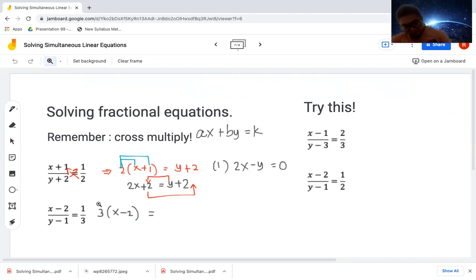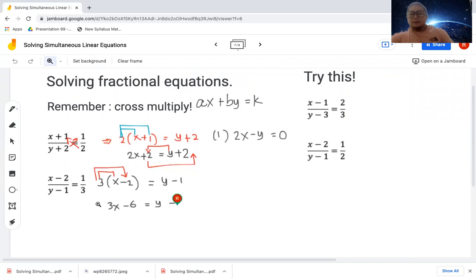So instead of multiplying it by that 1, all you need to do is to rewrite that particular answer. And then we are going to distribute this 3 again, which will give us a calculation of 3x minus 6 is equivalent to y minus 1. So from here, again, you need to follow this kind of method so that you will have the correct format.